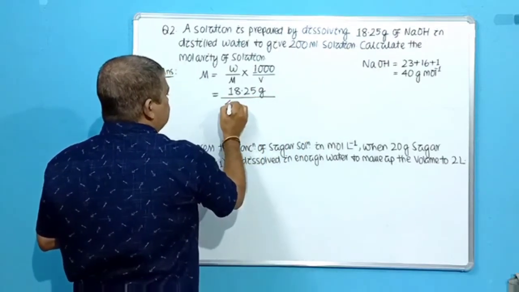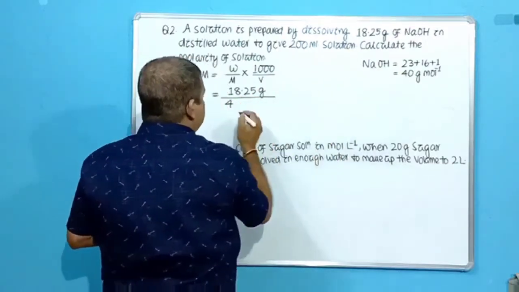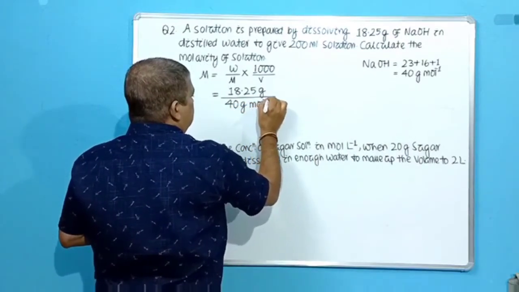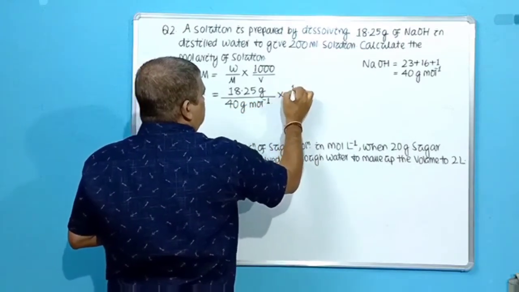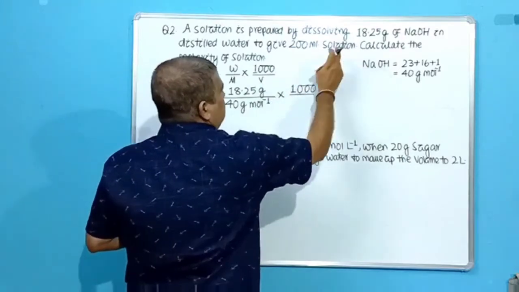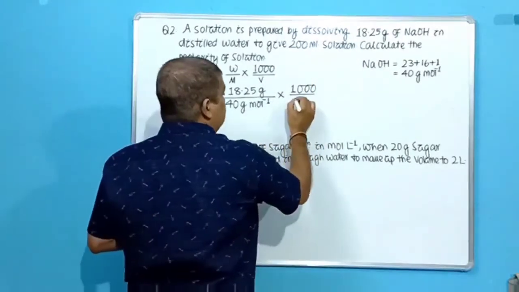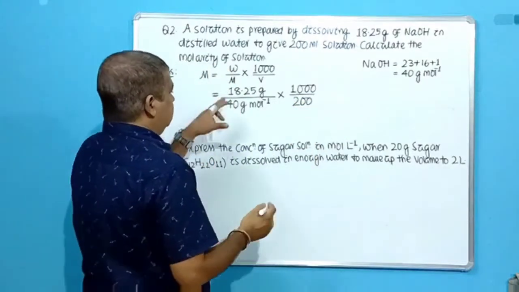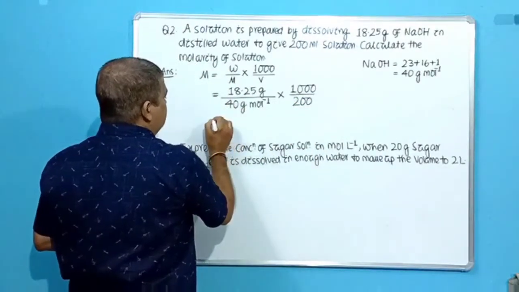Then molar mass is calculated as 40 gram per mole, into 1000 by V, volume of the solution in milliliter, given to you directly as 200 milliliter. So, if you solve this, you will get the answer.